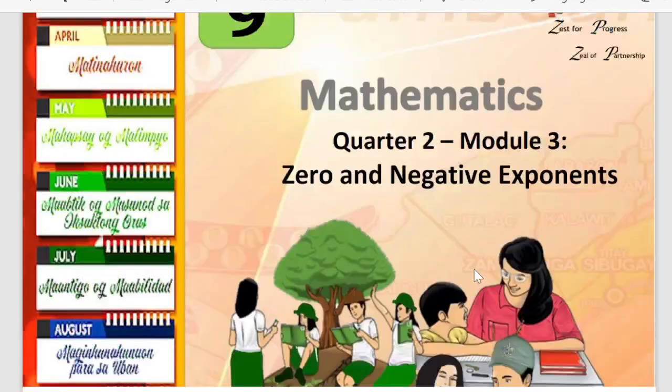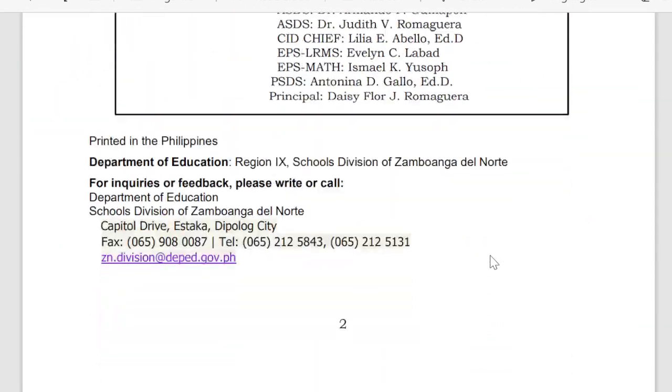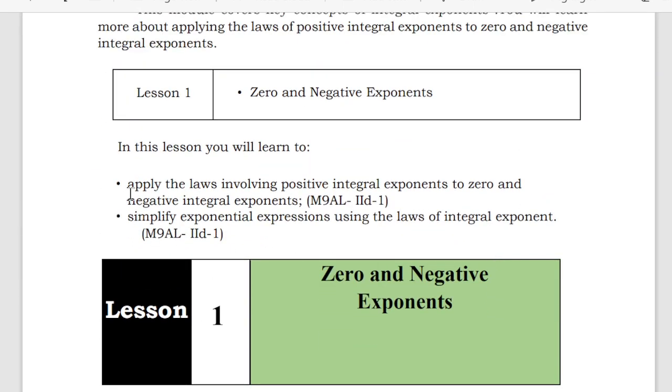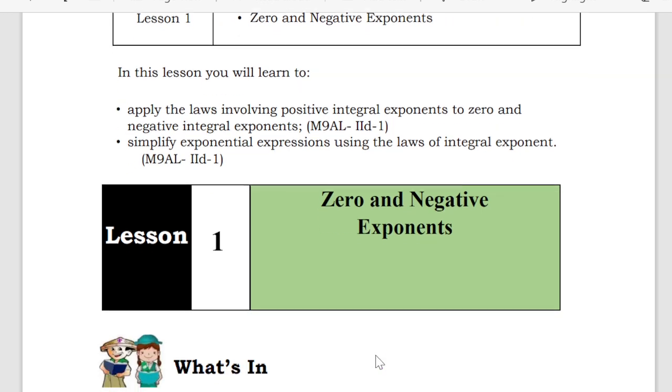Our learning competency for this lesson is to apply the laws involving positive integral exponents to zero and negative integral exponents, and to simplify exponential expressions using the laws of integral exponents. This is our Lesson 1, zero and negative exponents.